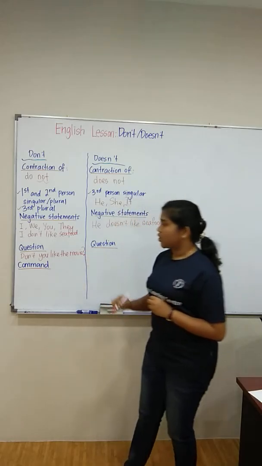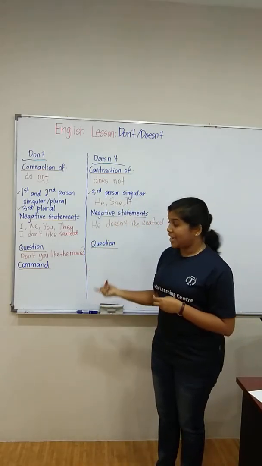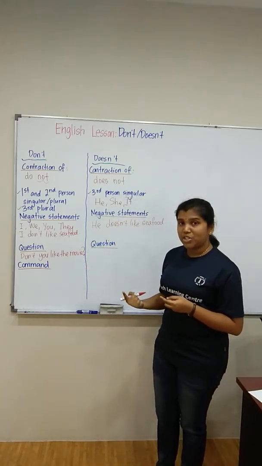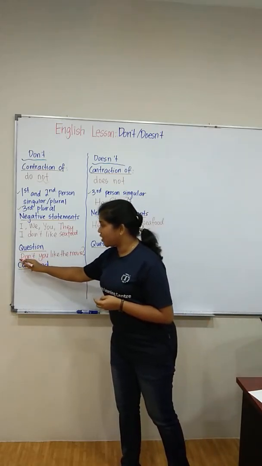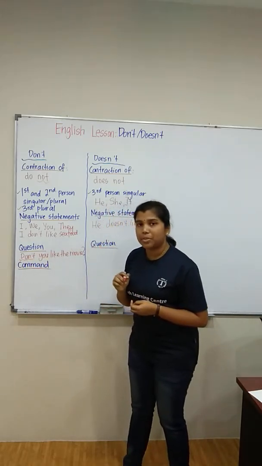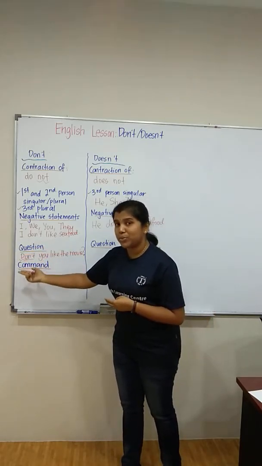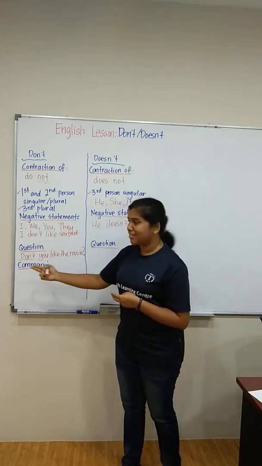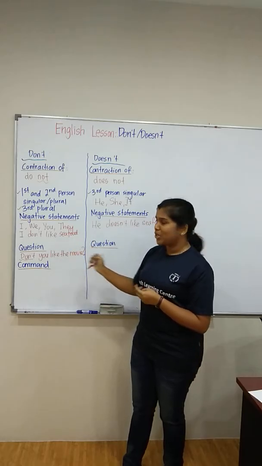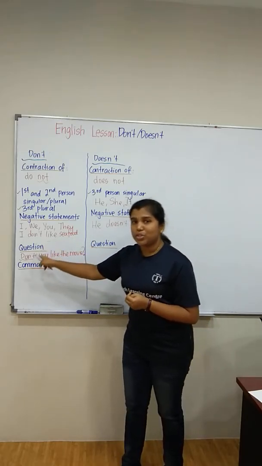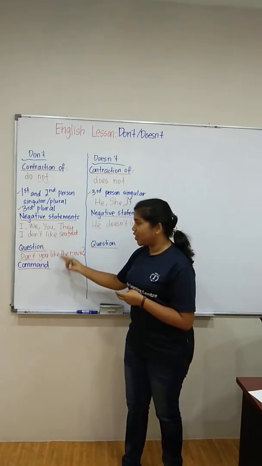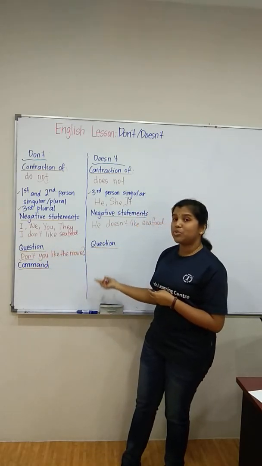Question mark. So this is a question, and in a question my subject will come after my auxiliary verb, after my helping verb. I can't use my subject as my first word because that is not a question. That will be a statement. So I'm going to use don't for the subject you. So, don't you like the movie?